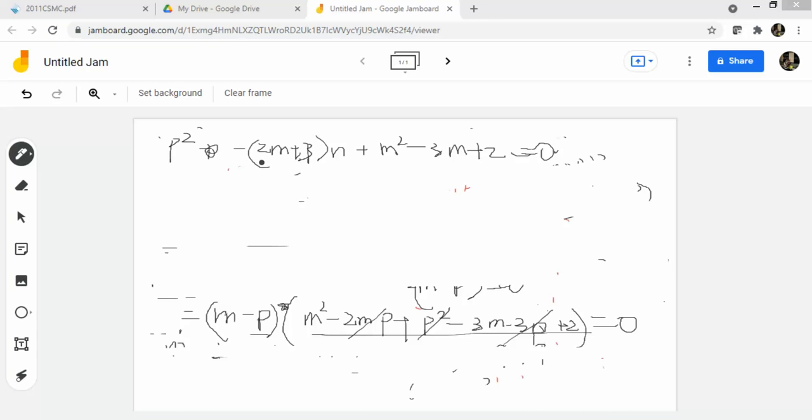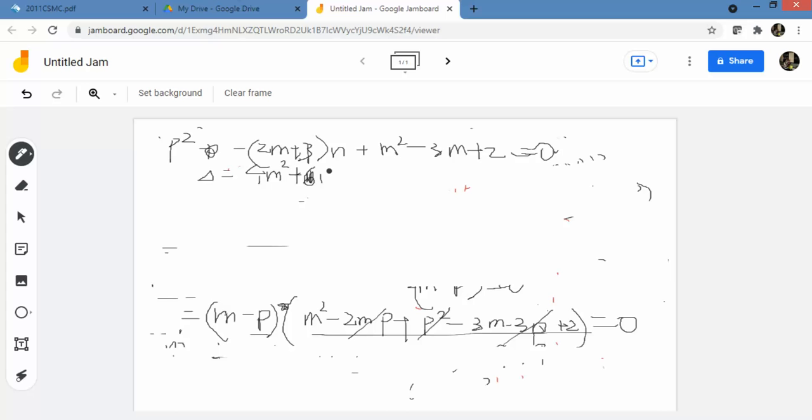Now is another complex calculation: what's the delta? Delta is this square, right? So 4m squared plus 6. No, not 6, 12mp plus this is 3, right? It's plus 9, right?